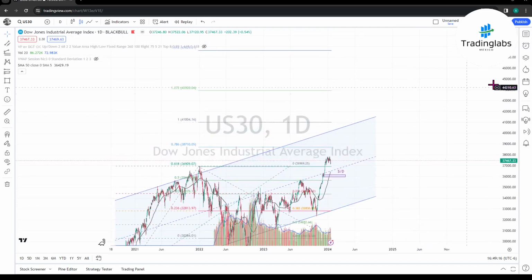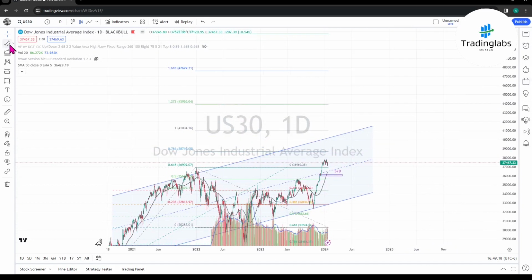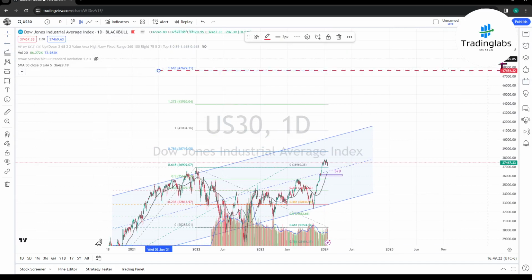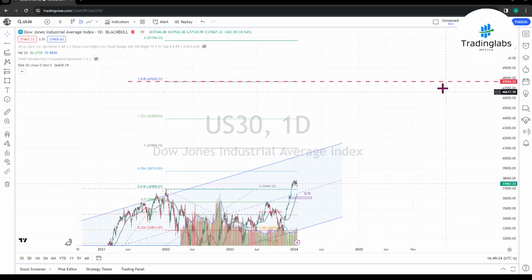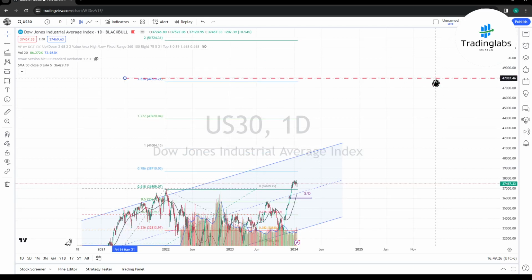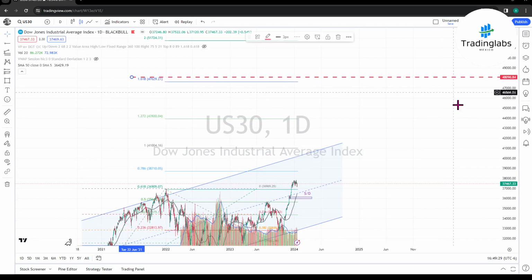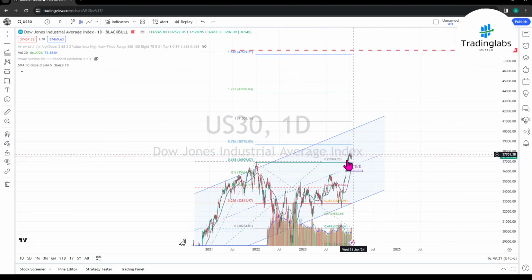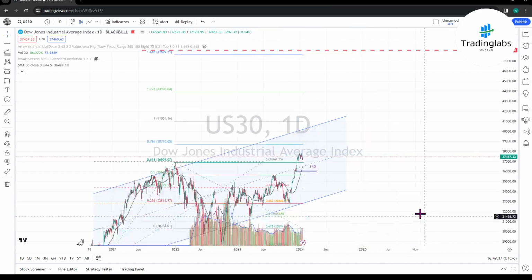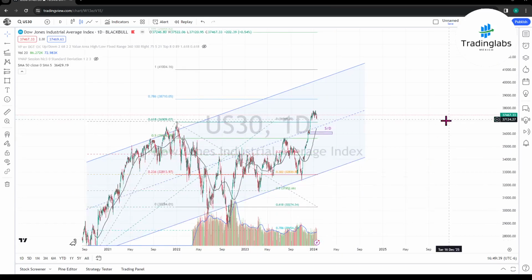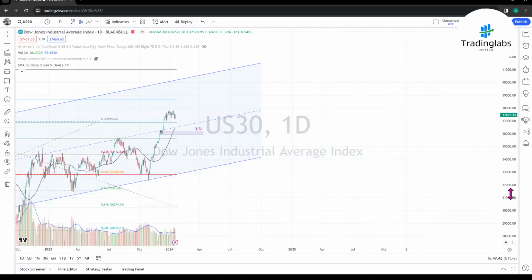So the potential overall target is here, I think, to the $48,000. If it broke this one, it goes to $48,000 using the extension and goes down. This is the overall.